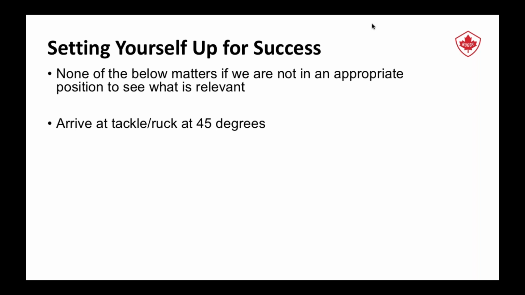Again, this isn't 'you must do this', but the position of arrival at 45 degrees is a piece that I think will really help us maintain the same picture over and over as we go from tackle to tackle, knowing that every tackle ruck situation evolves a little bit differently. There are some non-negotiables within that, as well as some areas where, in certain contexts, there are types of things we can look to try and do.